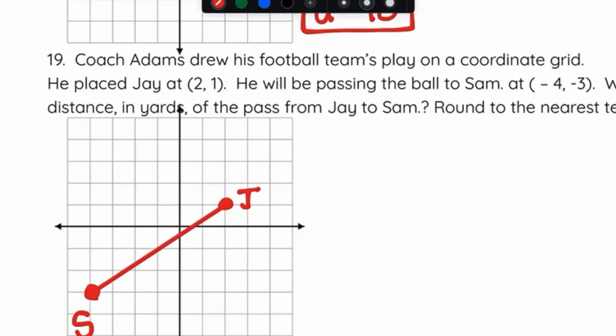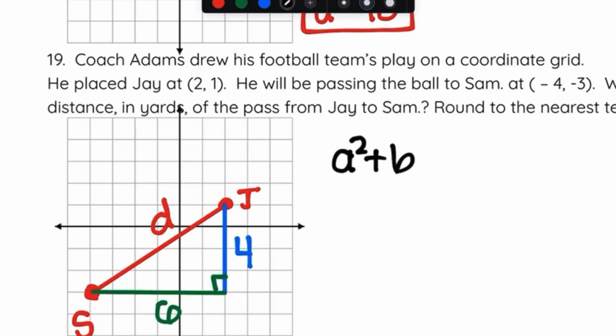So, again, this is the distance we're finding. So you're just going to go straight down till you get to the right grid line. 1, 2, 3, 4. And then across where they meet at a right angle. 1, 2, 3, 4, 5, 6. Okay.